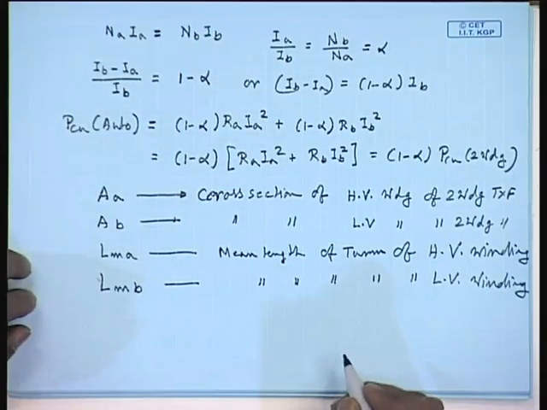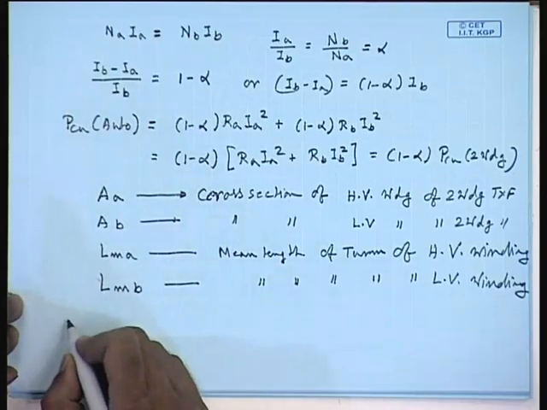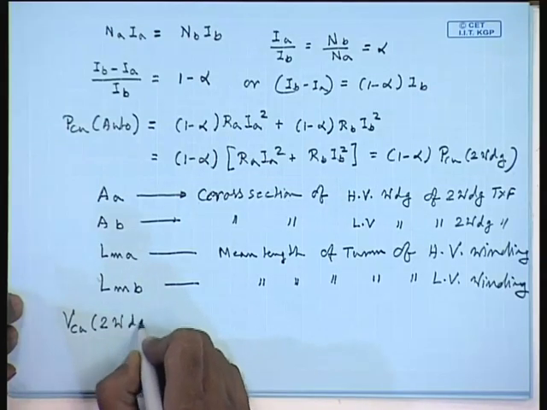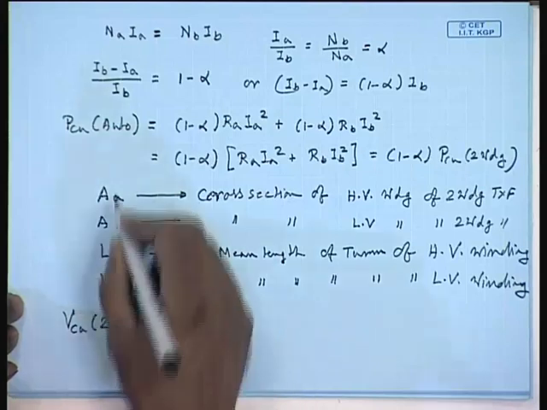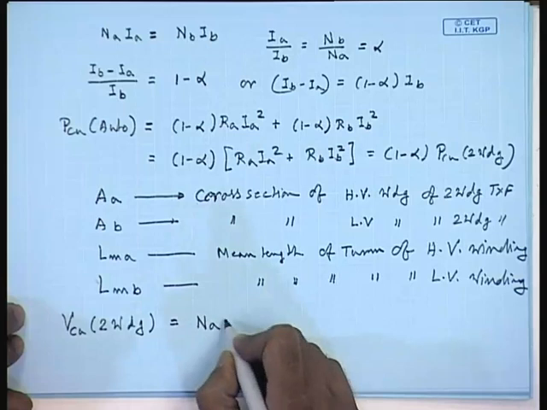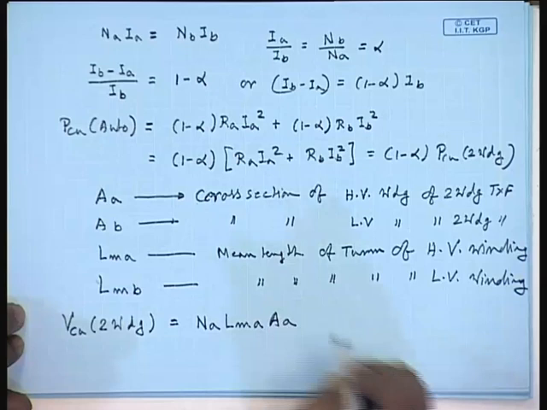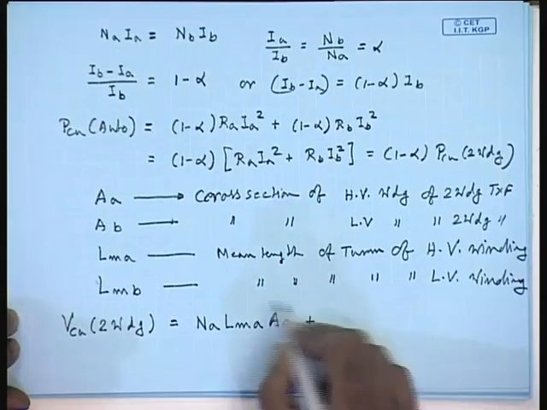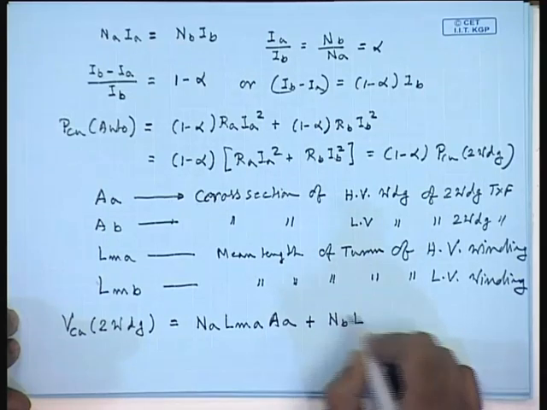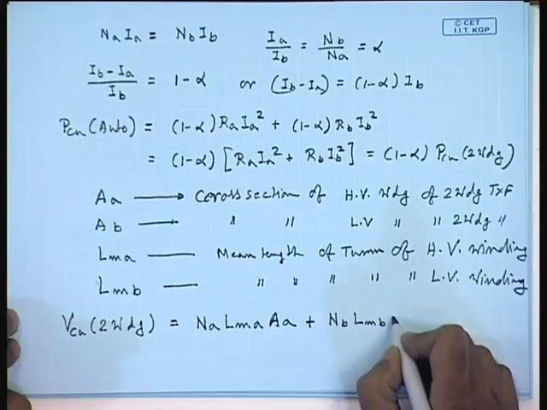Then the total copper used in the two winding transformer, VCU two winding, equal to copper used in the HV winding, which is Na into LMA into AA, plus copper used in the LV winding, which is Nb into LMB into AB.